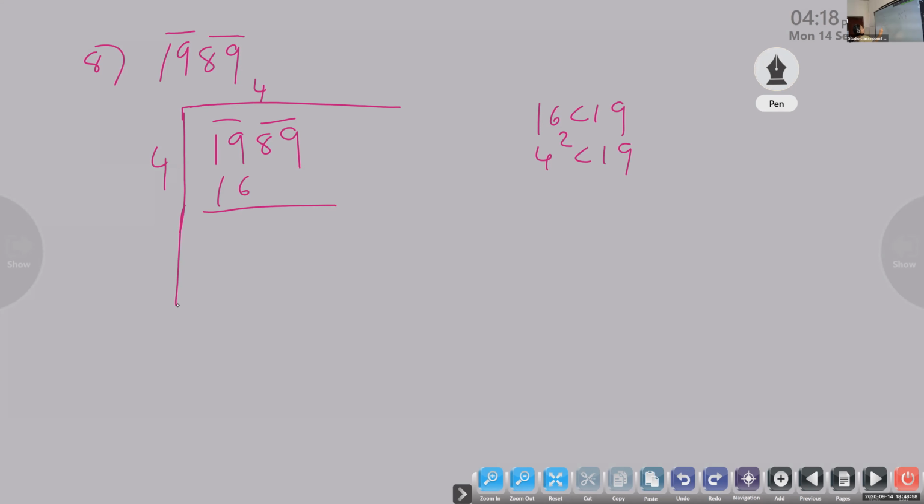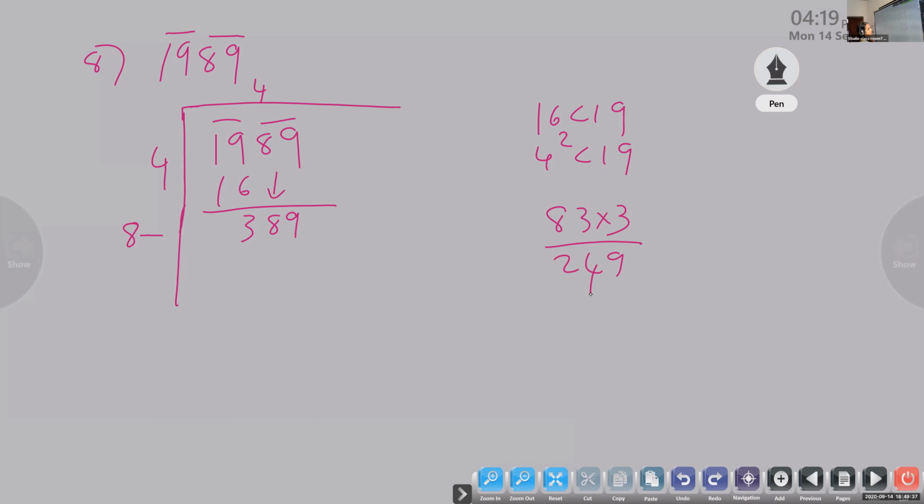We will get 389. When we double it, 8 comes here. Fill the dash. 7? When we multiply by 7, 7 sevens are 49, it will be 609. It is more than 389. So 7 won't come. 3?